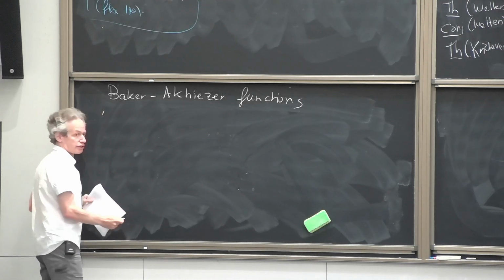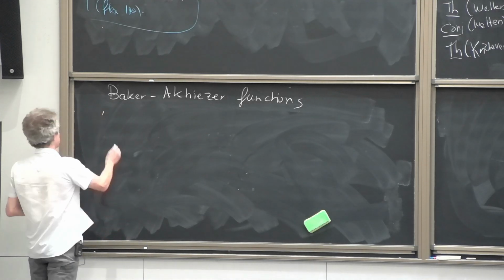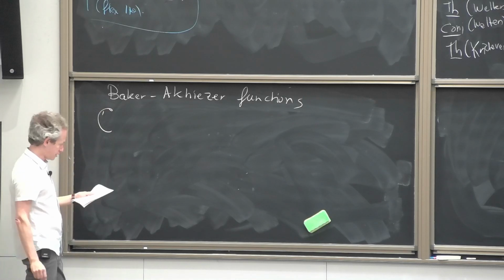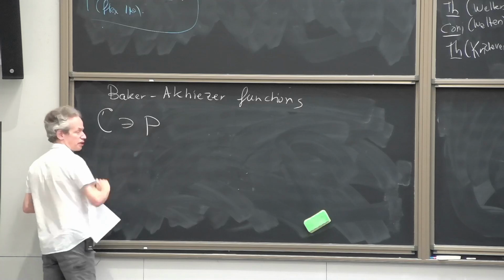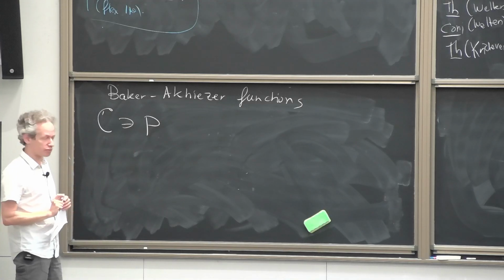So the setup is curves. This is a construction using a curve. So I have a curve C. I have a point which I'll denote P on this curve, which is what we've been using.